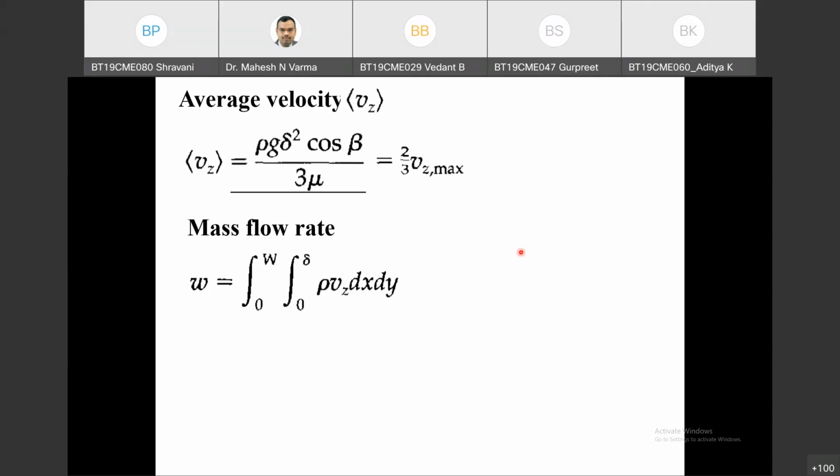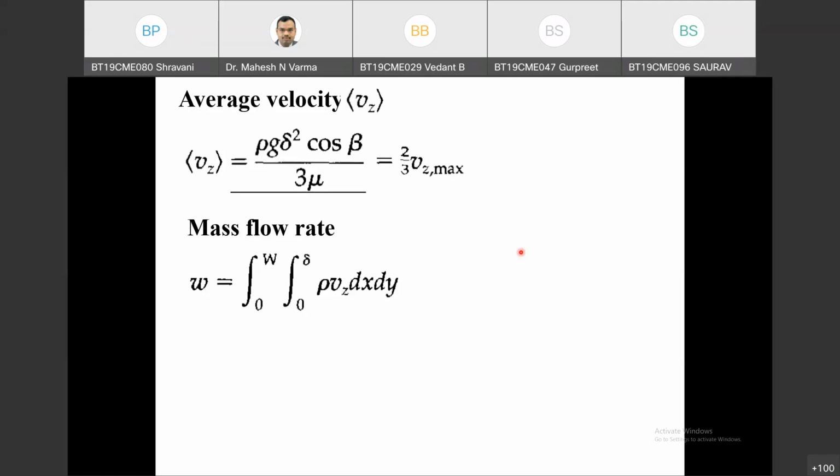Roll number 96, Saurav. Can you tell me how to get mass flow rate? The average of velocity into density, sir.